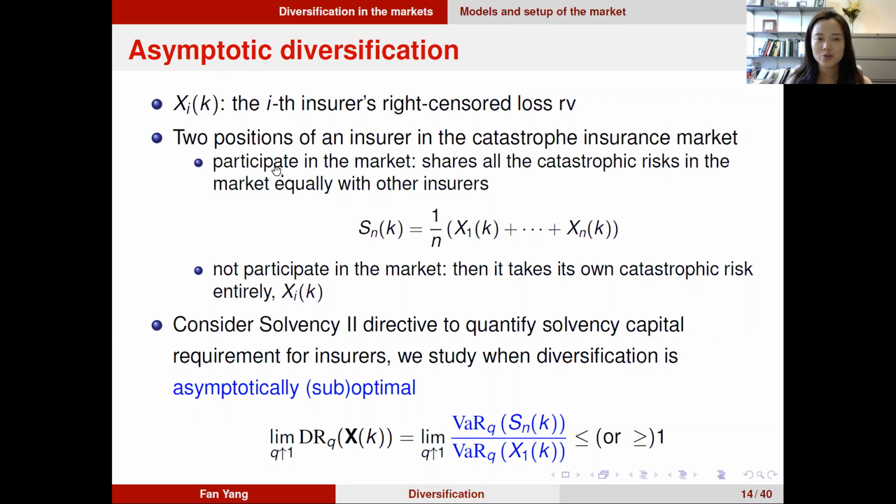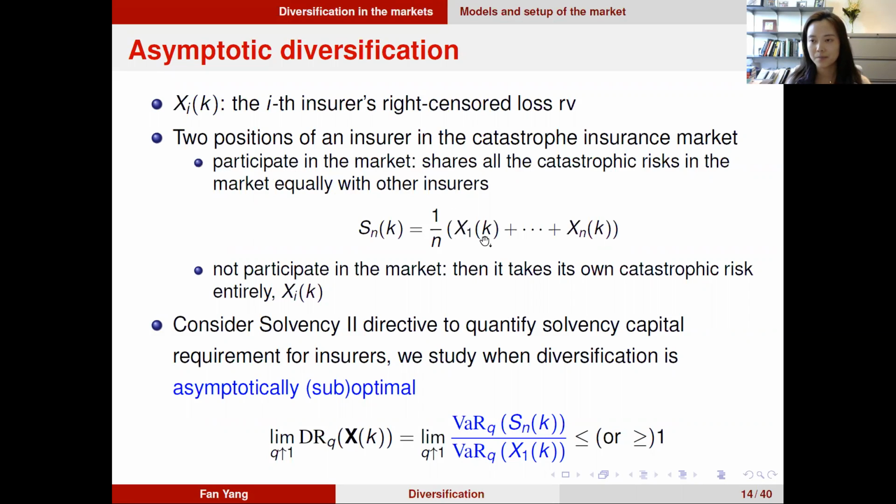And each insurer has two positions in the market. The first position is if they choose to participate in the market, that means here we assume they share all the catastrophe risk in the market equally with all other insurers.